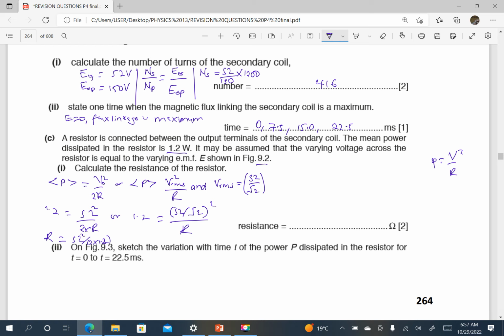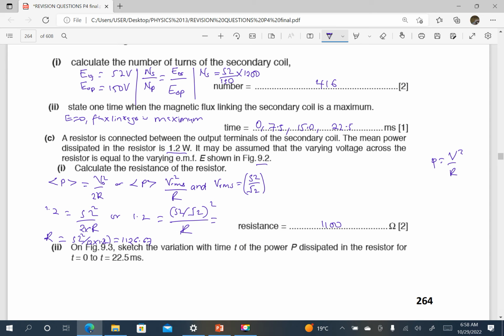And this is giving me 126.67, which to two significant figures is 1100. You can also check this one here and see if it gives you almost the same thing. So 52 divided by root 2 and then square, then divide by 1.2. It gives you the same thing.